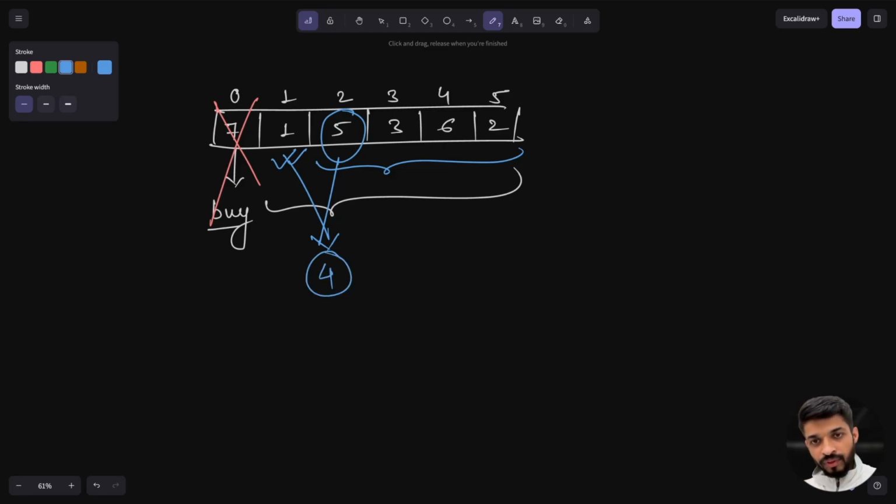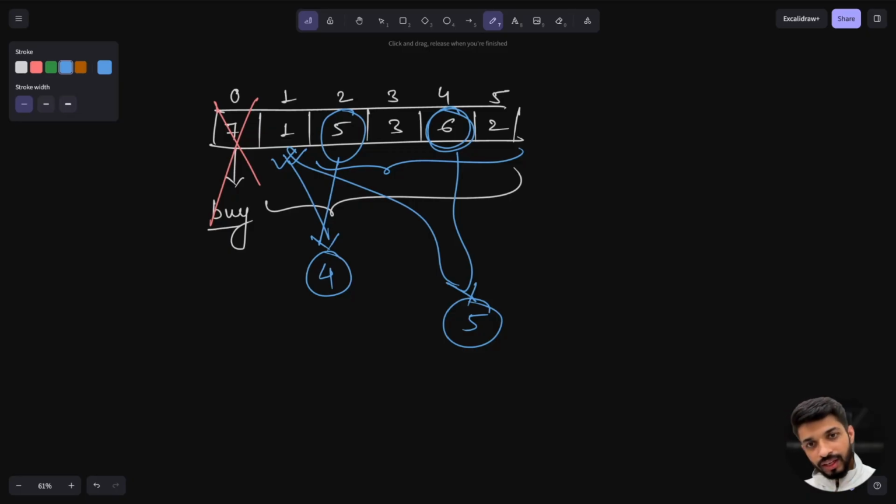But if you sell that stock at price 6, your profit will be maximum, that is 5. So you'll buy your stock on day 1 and sell it on day 4, and that will give you the maximum profit.